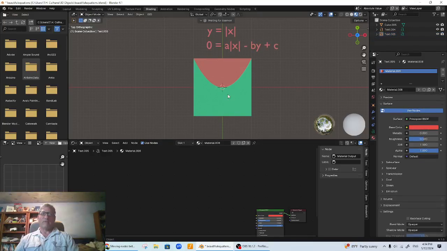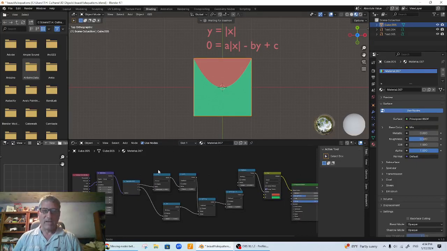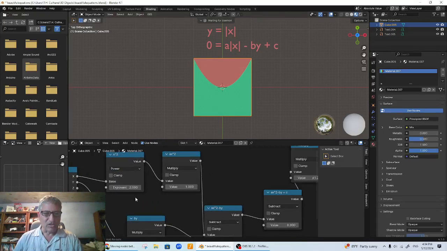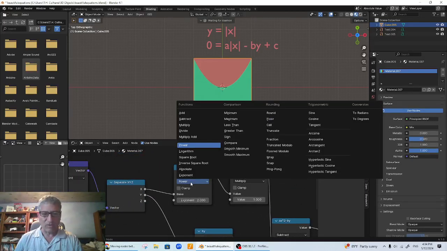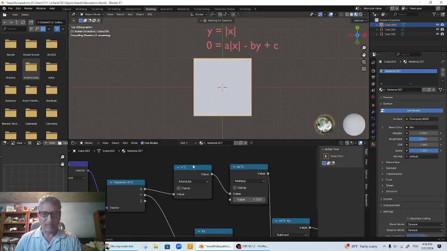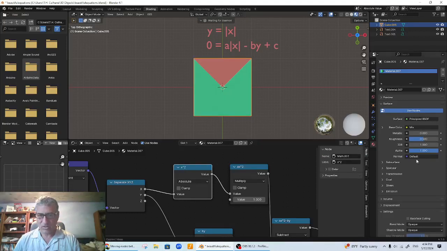All right, so we've rewritten it so that we can get into Blender, and now go back to the editor. The absolute value is a parenthetic function in PEMDAS, so I suppose that comes first. The first thing to do is we're not going to use a power function, we're going to use an absolute.